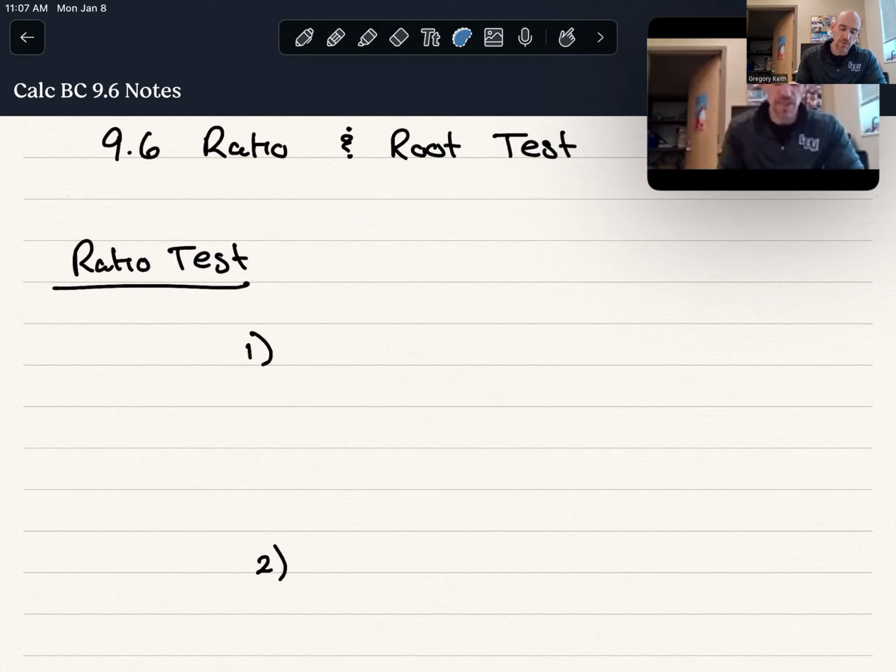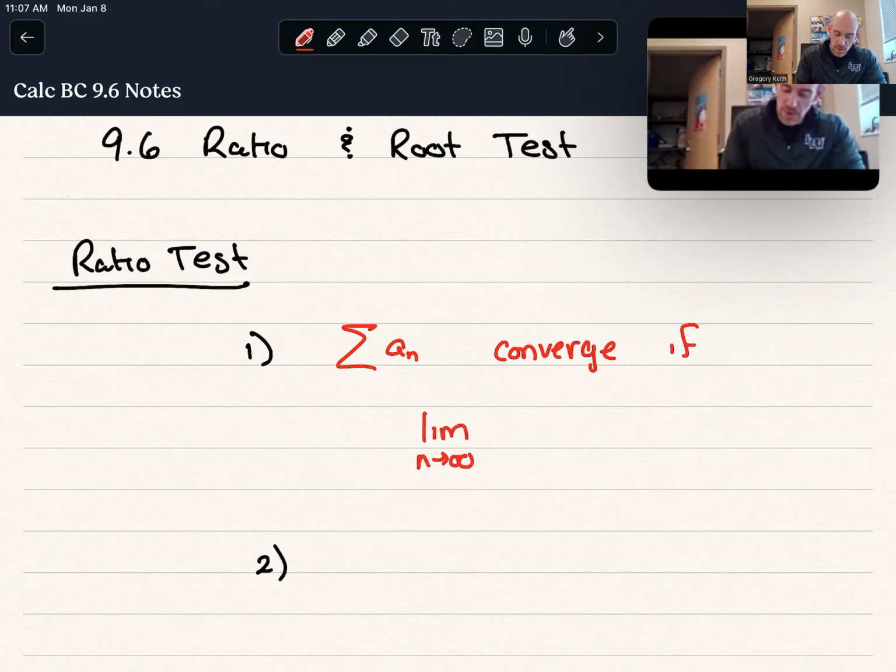There's 3 pieces to ratio tests that you have to understand. The first is that our series of a sub n, being that formula, is going to converge if you take the limit as n goes to infinity of the absolute value of a sub n plus 1 over a sub n, and that is less than 1.